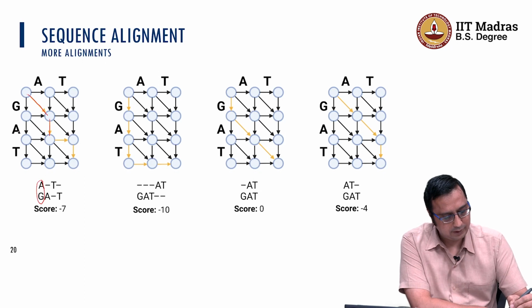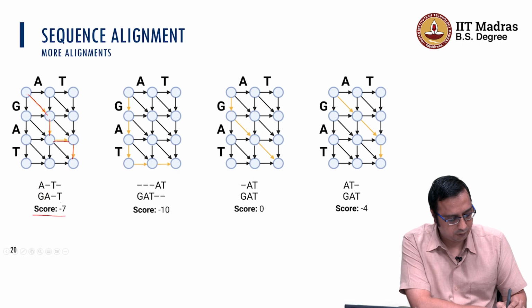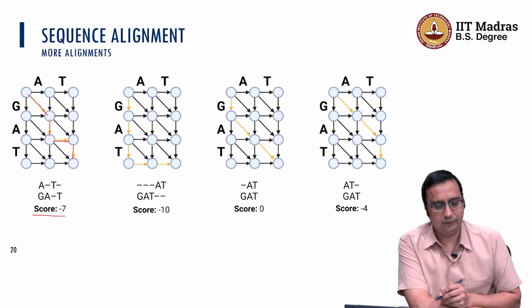I took this path, which means that there is a gap with A. Then I took this path, which is T with a gap, and then took again, so gap with T. So this is my alignment when I take this particular path, and the score for that is -7.